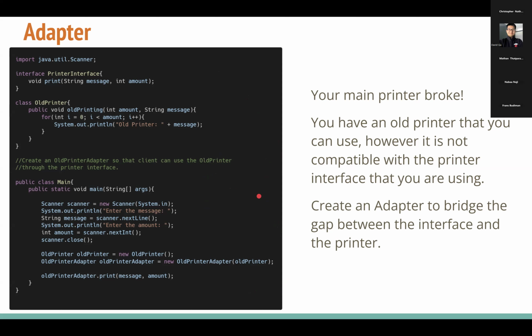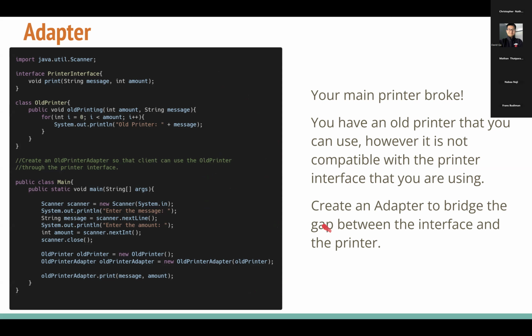So this is where adapter is very helpful. When you have a class that does something that you want, but it's not compatible with the interface that you use, you can create an adapter class to bridge that class and interface together.